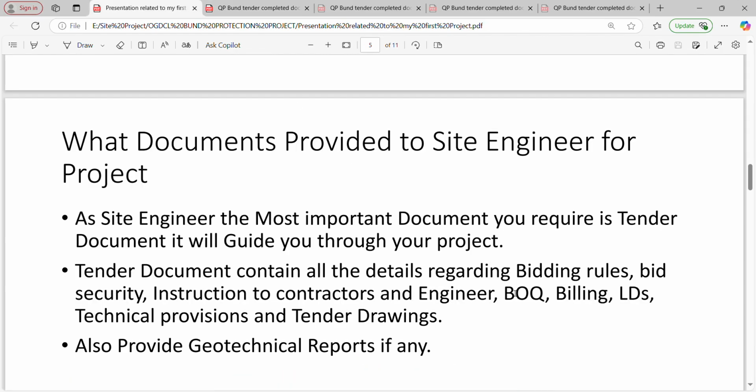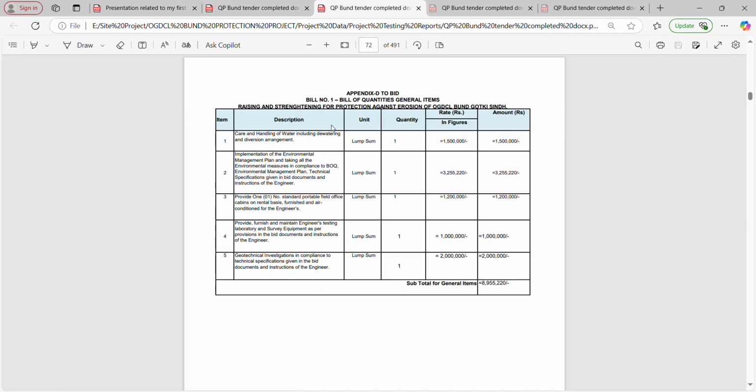Second is the BOQ item. BOQ is basically all the items mentioned with unit rate, quantity, and their rates. The BOQ is divided into two bills.